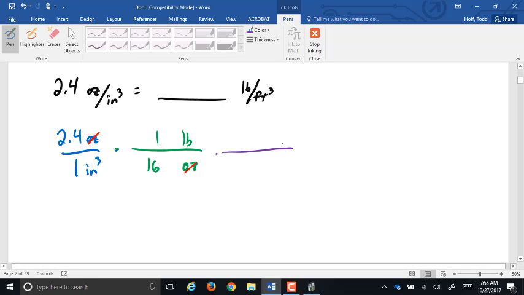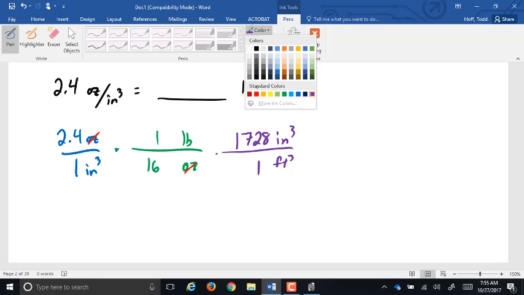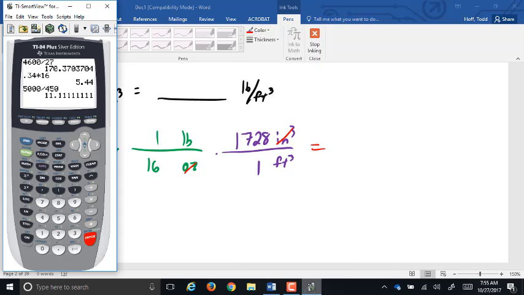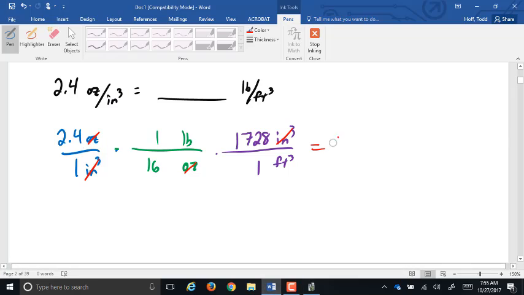We've got to get rid of the cubic inches. 1 cubic foot is 1,728 cubic inches, right? So we've got 2.4 times 1728 is 4147.2 pounds over, 1 times 16 times 1 cubic foot is 16 cubic feet.